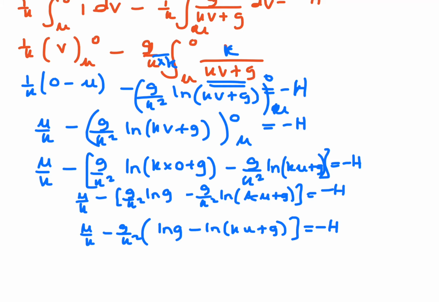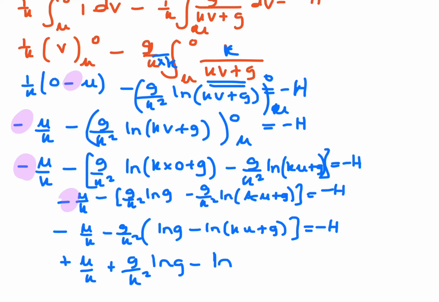Okay, so I just got to make sure I get all these signs. There's a lot of signs happening here. So, wait a minute. This one should have had a minus here because that's minus mu. You can see that just from this part here. So that should be minus. And then I'm just going to change some of these signs. So that's going to be plus mu on k plus g on k squared, ln g minus ln k mu plus g, and I'll change all those signs, equals h.